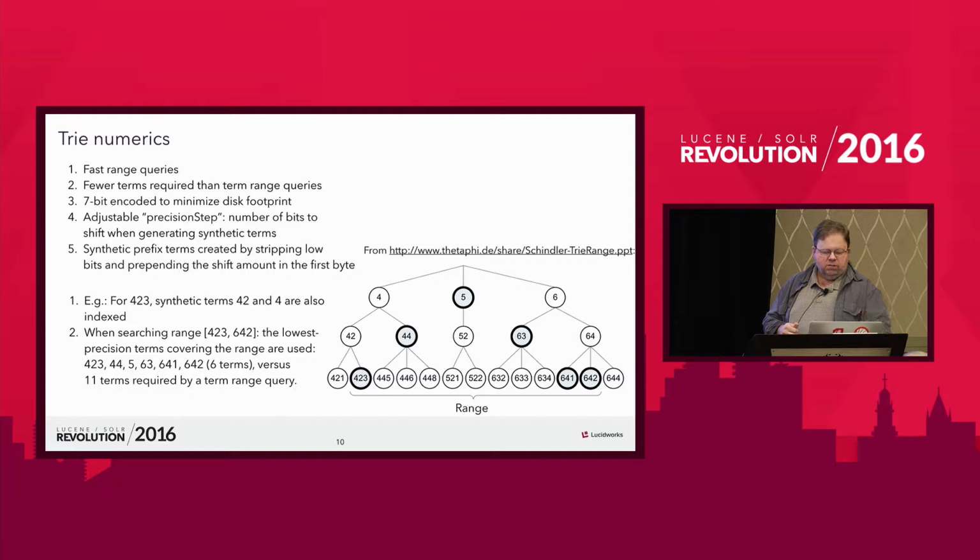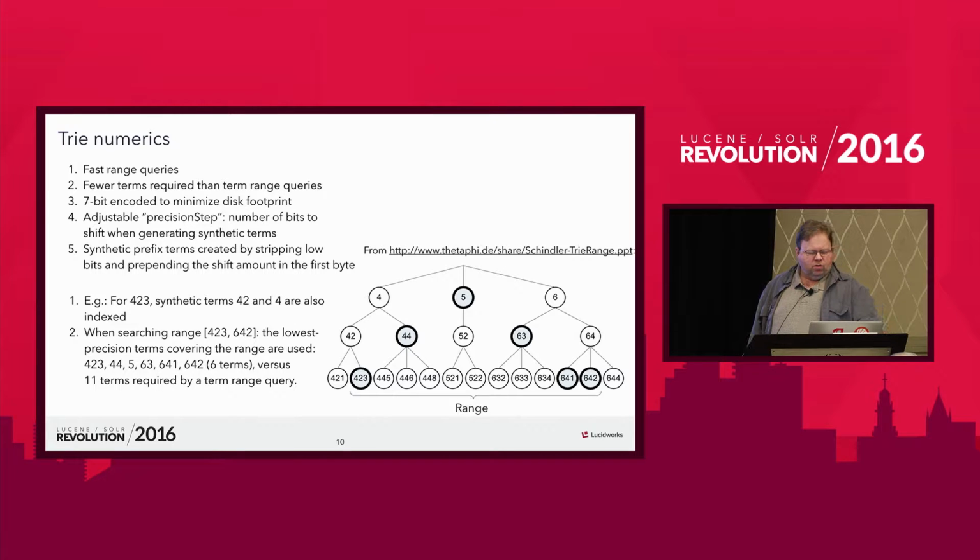So say for 423 synthetic terms, 42 and 4 are also indexed. Those synthetic prefix terms are created by stripping low bytes and prepending the shift amount in the first byte. So it's not just a shift, it's also got a thing tacked on the front to say which level the synthetic term is on.